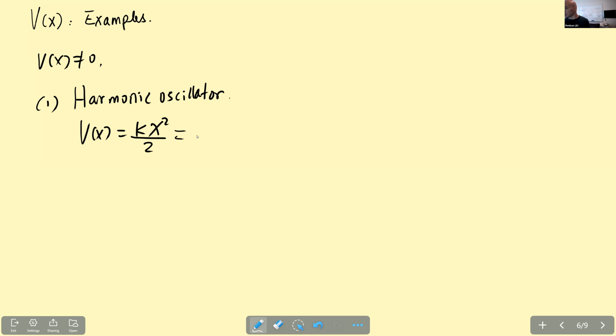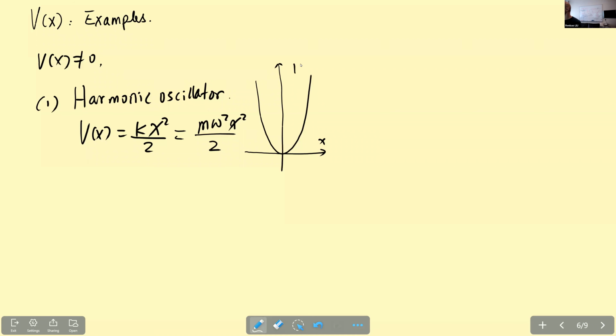This can also be written in terms of the angular frequency of this oscillator as m omega squared times x squared over 2. If we plot this one, it's a parabolic curve, so this is x, this is V(x). That's one of these potentials.